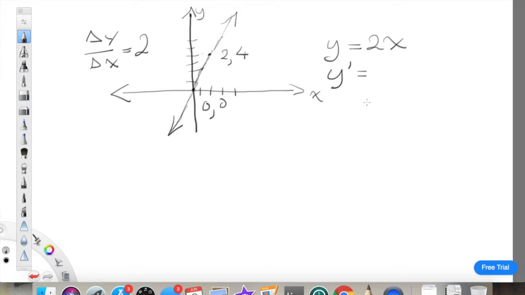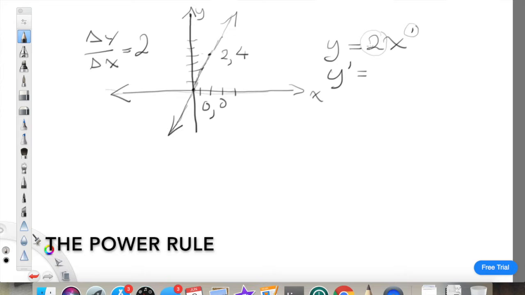And what somebody figured out was that for these simple kinds of functions, it's called the power rule for derivatives, and you can figure out the slope of the line at any point by taking the derivative. The way you do that is you multiply the coefficient times the exponent, and then you subtract 1 from the exponent.